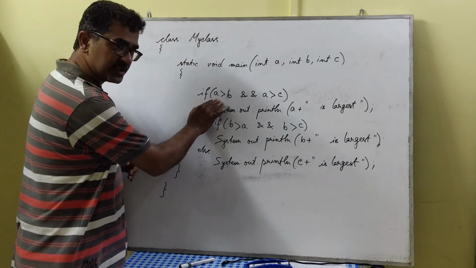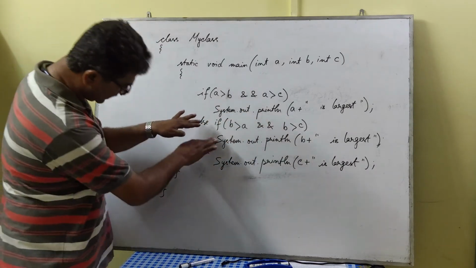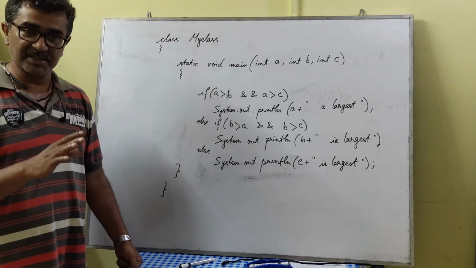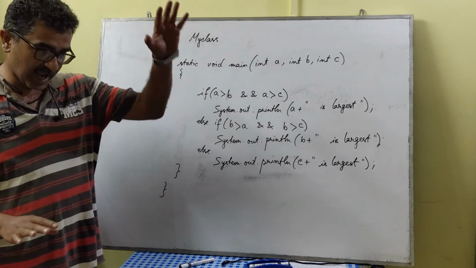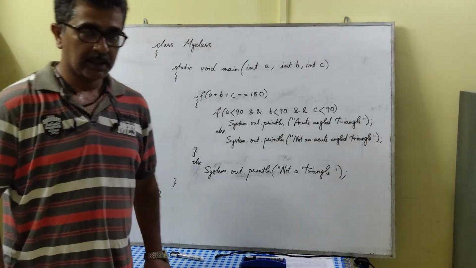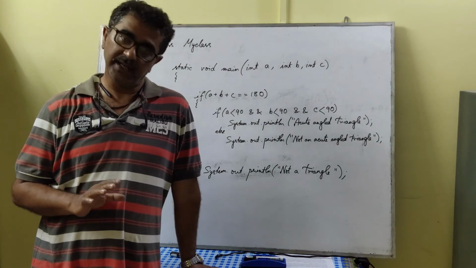Similarly, if this condition is not true, only then you will check whether this condition is true. If this condition is true, the remaining statements will not be checked. So this will also increase the efficiency of the program in case we have a lot of if-else-if statements to be executed. Now we can have a nested if also in Java.